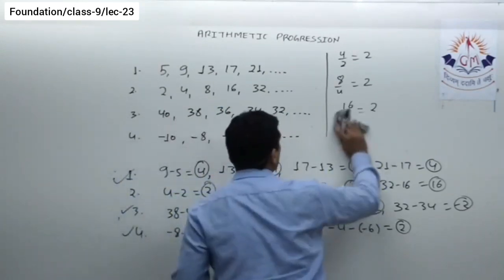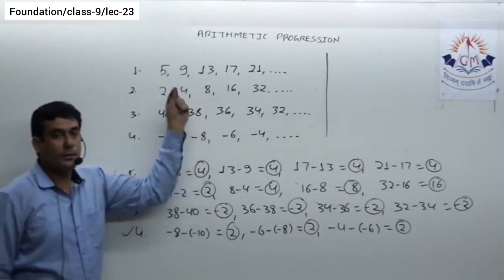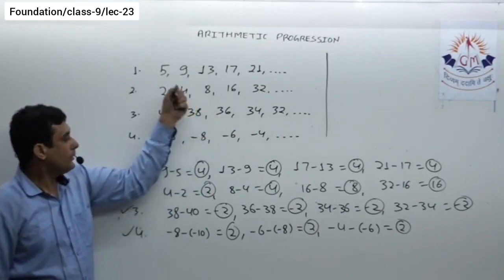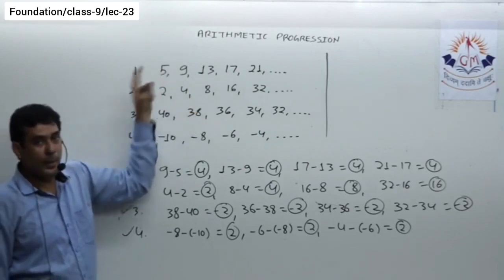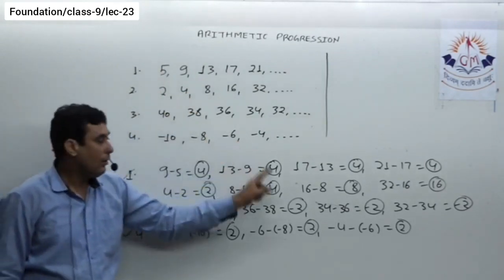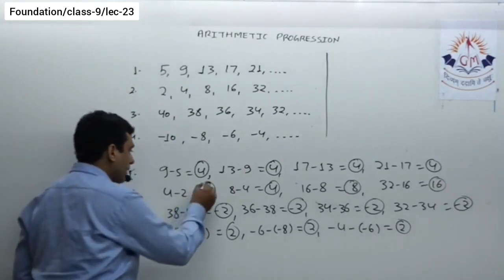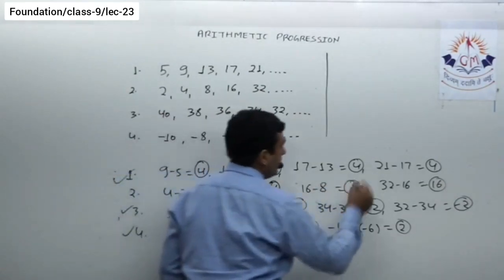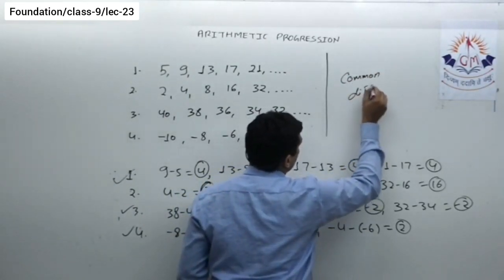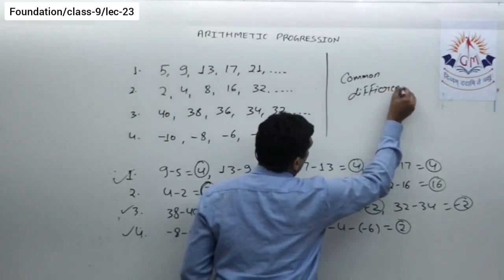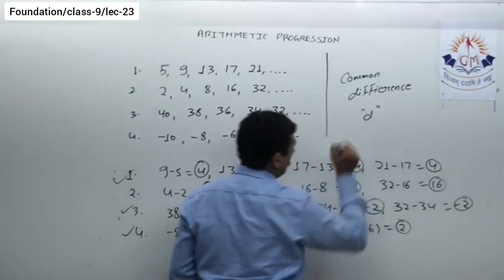Now again we come to the arithmetic progression. A sequence or progression in which any term minus the previous term is always constant is called an arithmetic progression, and this constant is called the common difference, denoted by small d.